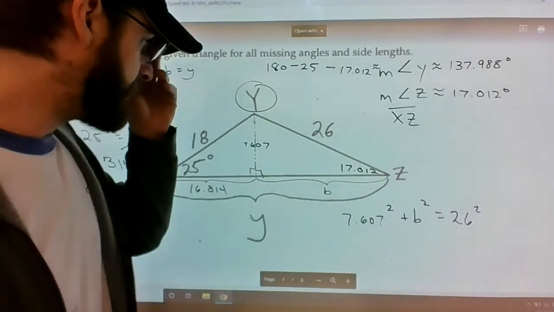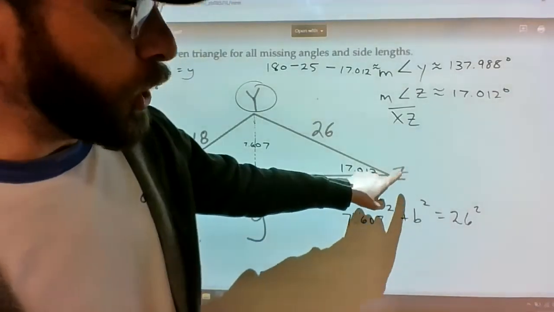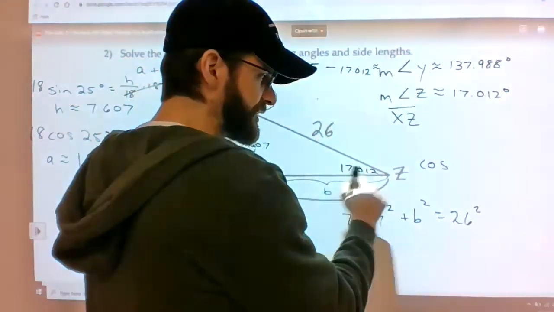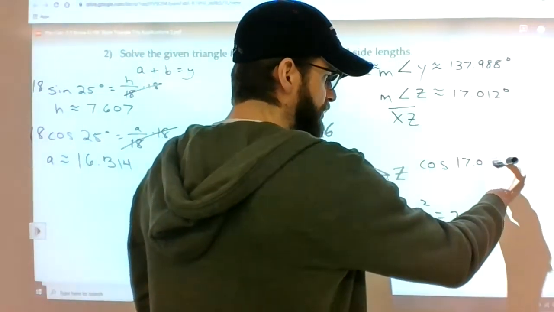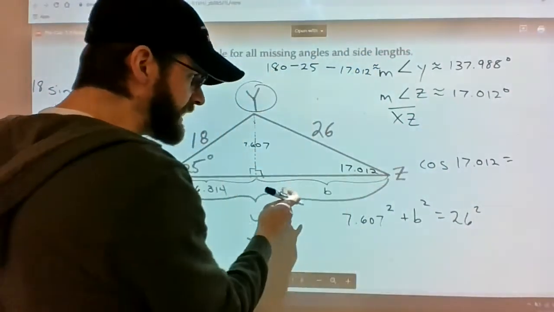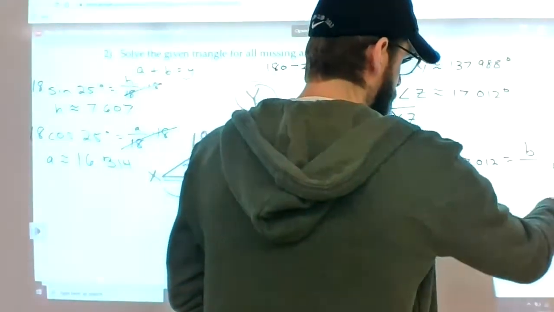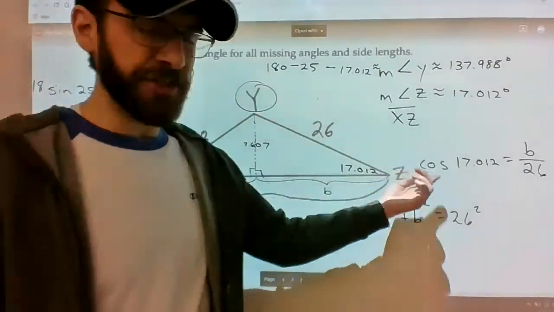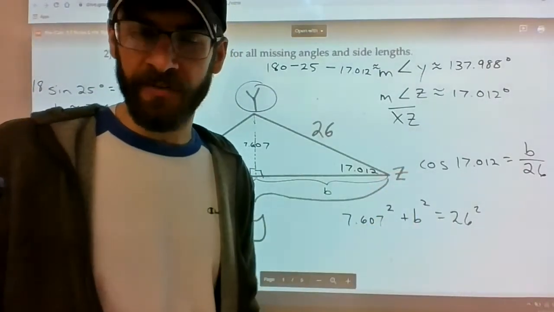You could say, hey, the cosine of z, which is 17.012 now, is equal to b divided by 26. Now, I don't know about you guys, but trig I can do easier and quicker on the calculator.